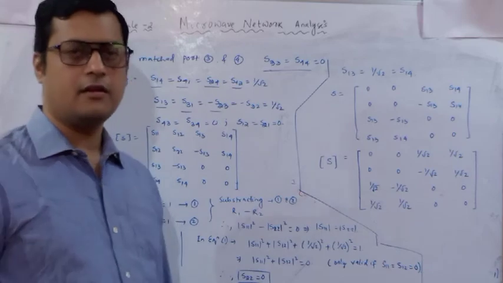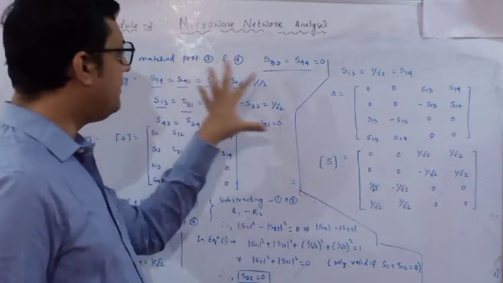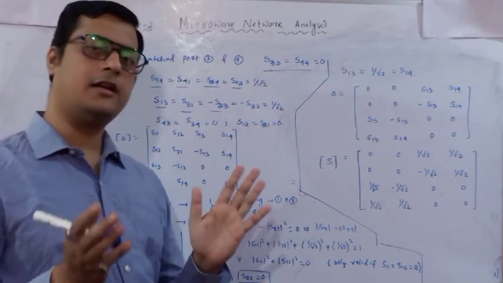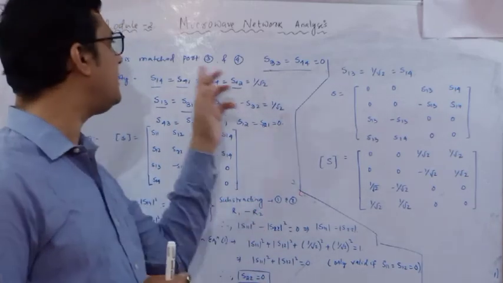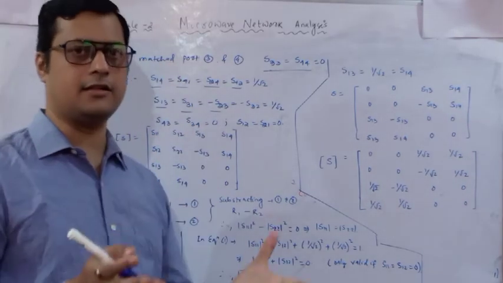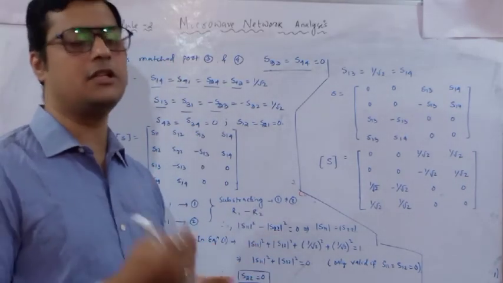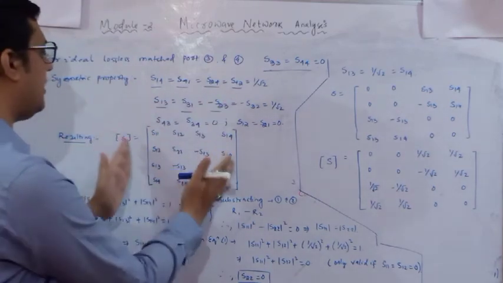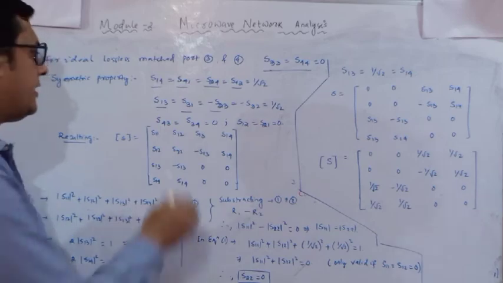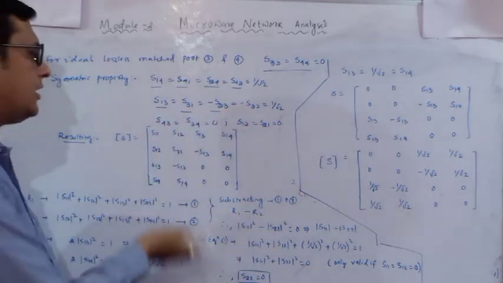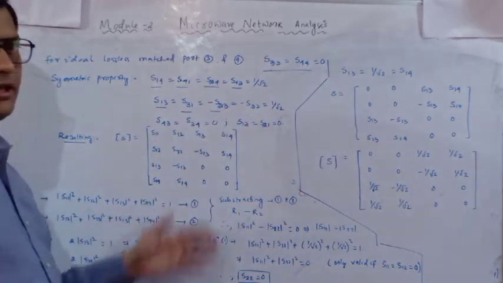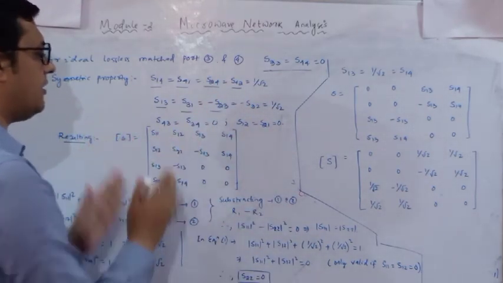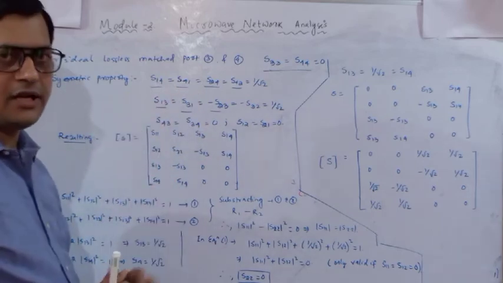Now, with the help of these parameters, we can determine the unknown factors with the help of the unitary property, because as it is written, it is a lossless junction for the E plane and H plane. You can use the unitary property. So what I have done is substitute all these relations in this S matrix: S11, S12, S13, S14, S21, S22, S23 and S24. I have substituted all those relations in terms of the predefined values.